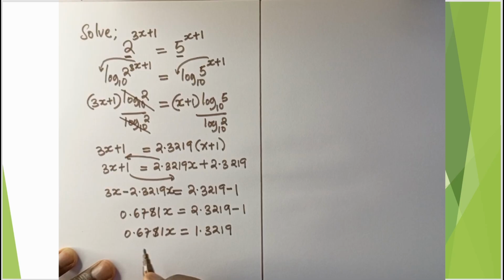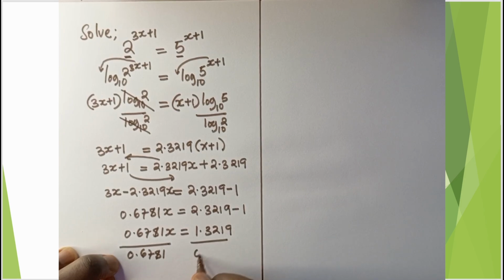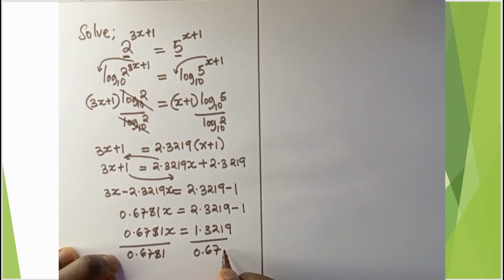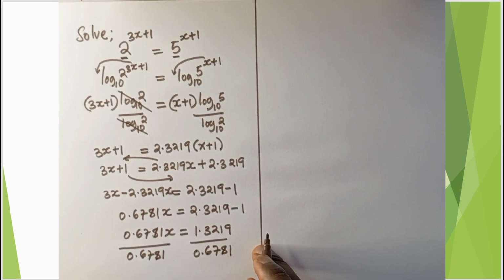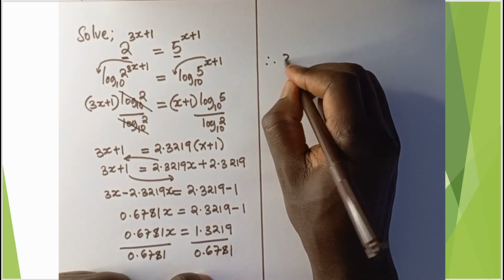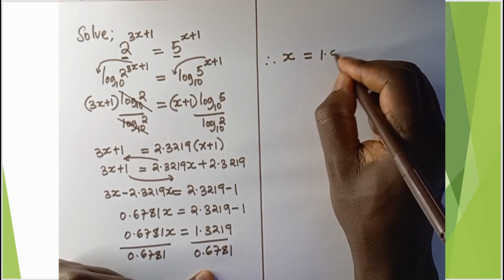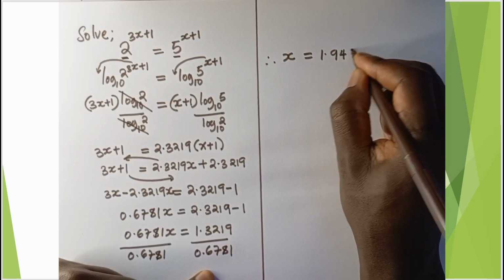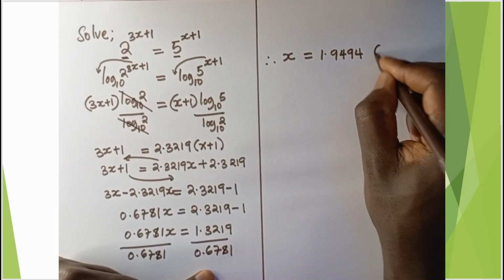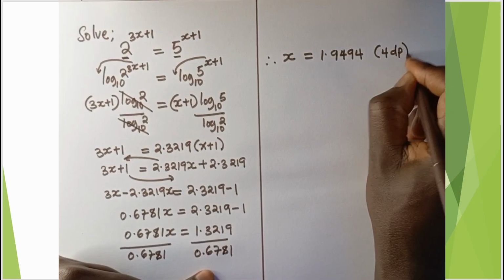So you can go ahead and divide through by 0.6781, divide through by 0.6781. So therefore, our value of x is equal to 1.9494 to 4 decimal places.